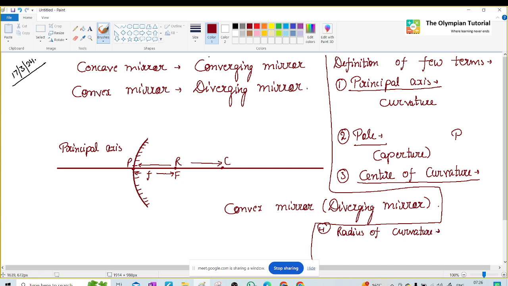Actually, PC is equal to R. P is the pole, C is the center of curvature, and the distance between P and C is known as the radius of curvature.